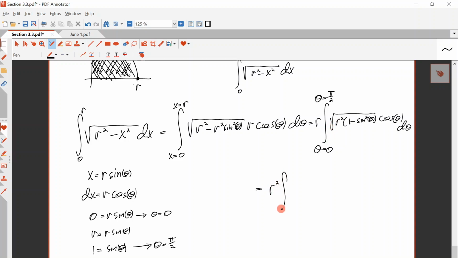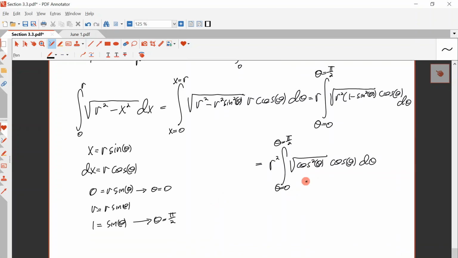And that becomes r squared, the integral from theta equals 0 to theta equals pi over 2. 1 minus sine squared is cosine squared. The square root of cosine squared in the first quadrant: cosine is positive, so the square root of cosine squared is just cosine. So r squared times the integral from 0 to pi over 2, cosine times cosine becomes cosine squared theta d theta.